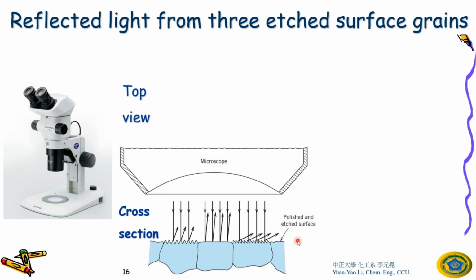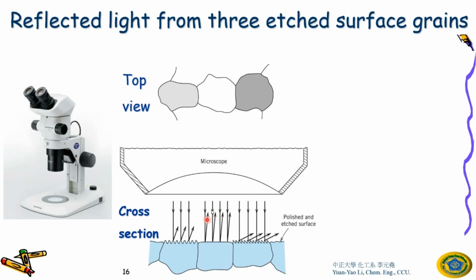So what you can get from the top view is bright here. Why? Because most of the light returns back to this region, and this one will be the darkest because most of the light scattered to another direction. This region doesn't receive many photons. This region is in the middle.